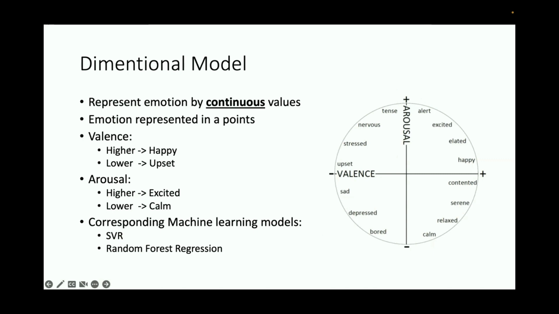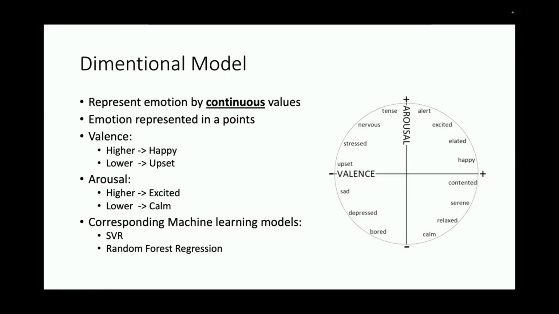So the higher valence means happier, the lower valence means more upset. For arousal, the higher arousal means more excited or energetic, and lower arousal means more calm and relaxed emotions. The corresponding machine learning models for the dimensional approach can be SVR and random forest regression.